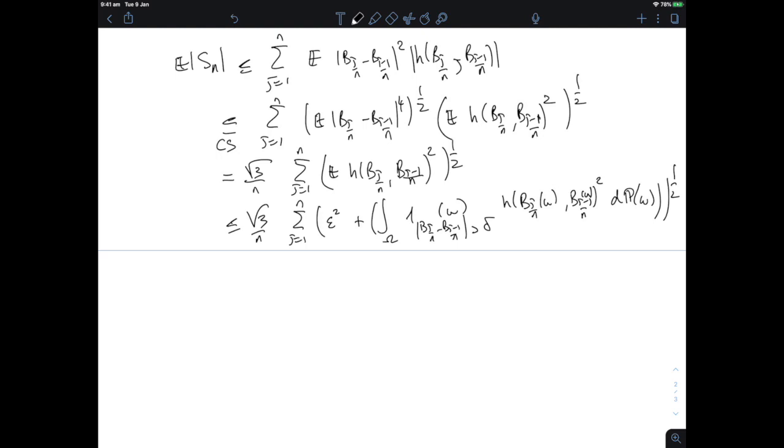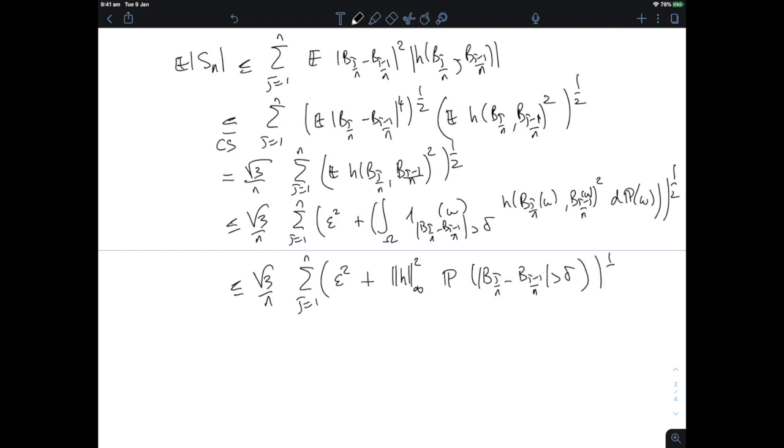Right. So now on the second term, where B_{j/n} is not close to B_{(j-1)/n}, I cannot use the fact that h of this is close to 0 in any way. So I'm just going to use the fact that it's bounded. What I've got here is the sum from j equals 1 to n of epsilon squared plus the sup norm of h squared times the probability that B_{j/n} minus B_{(j-1)/n} is greater than delta.